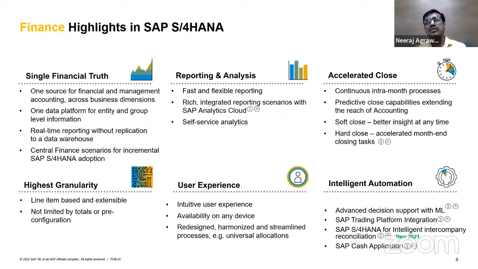Now, there is one source of truth from where we can get all of our reporting done on the fly. That gives us the highest level of granularity, because there are no layers in between, which earlier compromised the granularity.